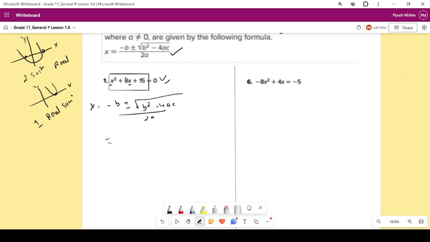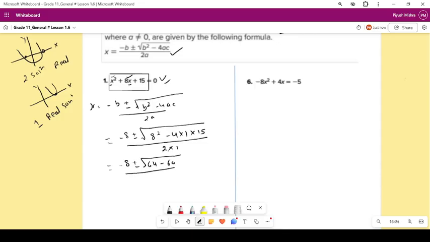If you see here, the value of b is 8, so I will write minus 8 plus minus under root of 8 square minus 4. The value of a is 1, so I will write 1, and the value of c is 15, so I will write 15, by 2 into a, which is 1. Further solve it, it will give you 64 minus 60 by 2.